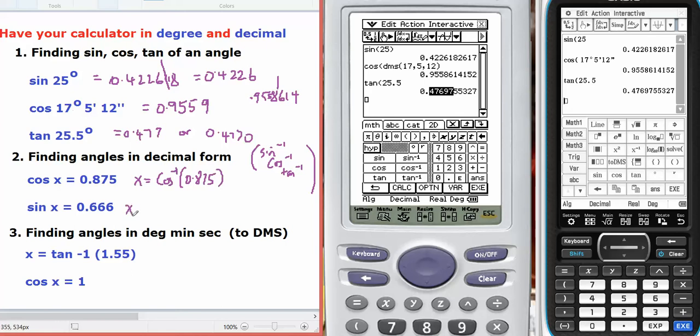And in this case, x is going to equal the inverse sine of 0.666. And this one, x is going to equal the inverse cosine of 1. And I'm obviously going to use these here for my inverse sine, inverse cos, and inverse tan.